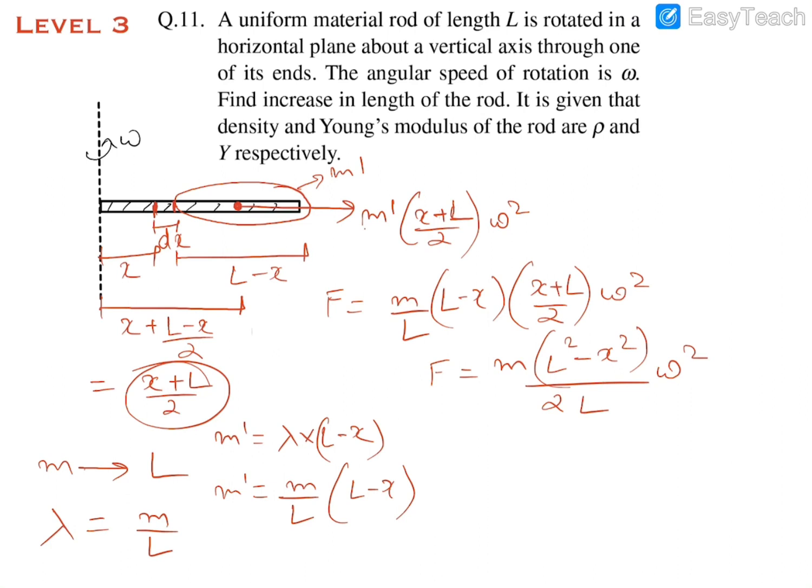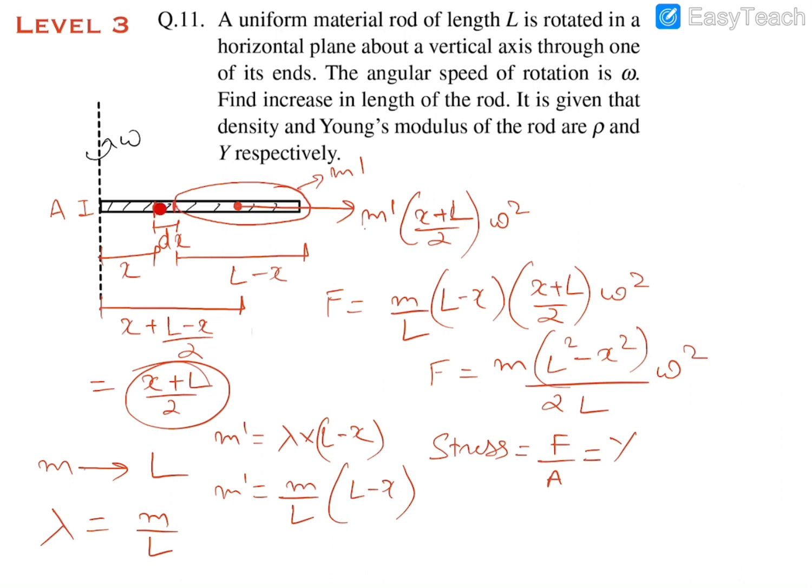Now the stress developed will be force upon area, and let us consider that the area of cross section of this rod is A. So stress is this, and it is equal to gamma into strain. Now due to this centrifugal pulling force, this length of the rod dx has extended by a length dy.